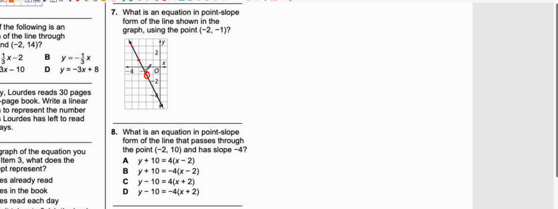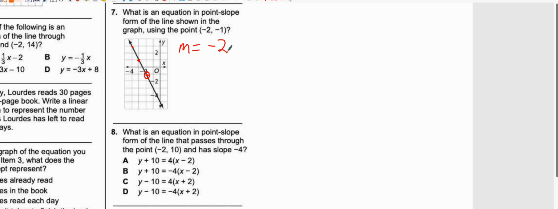How do I find the slope of a line given a graph? Rise over run, count it. From here to here is down 2, right 1. So my slope is going to be -2. Everybody good with that? If you don't understand how to count the slope, now's the time to ask. Okay, so -2 is the slope.